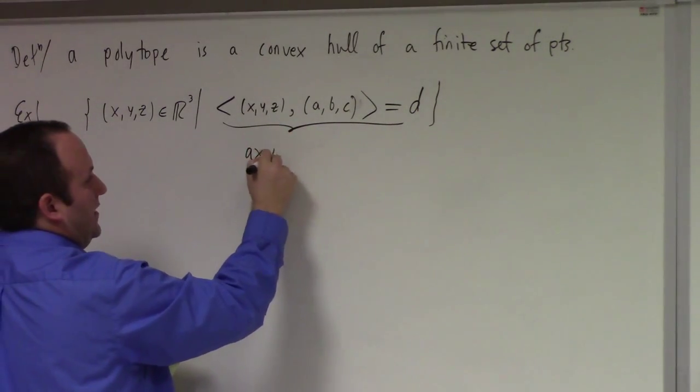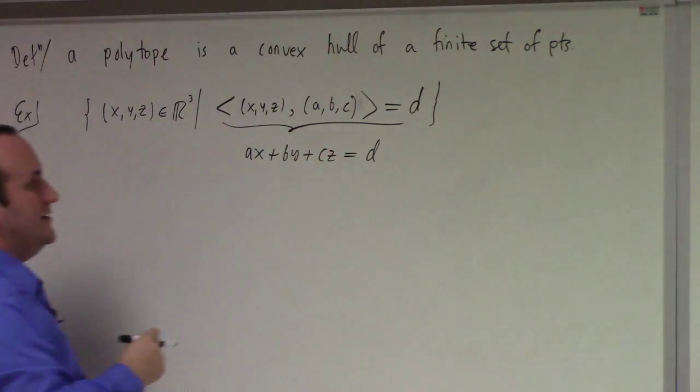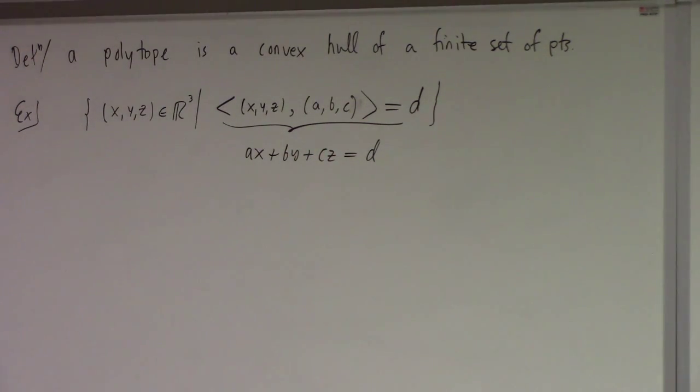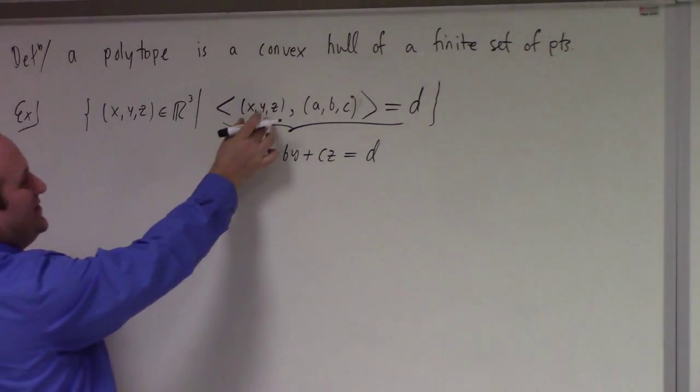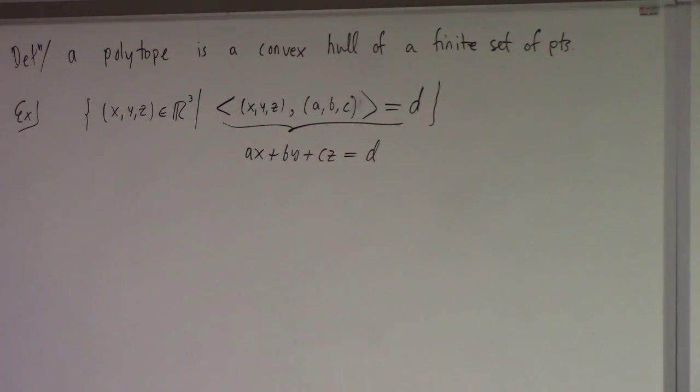It's ax plus by plus cz is equal to d. There's the equation of a plane. And so if you replace this with an arbitrary pair of points and just the dot product in Rn, then if you look at this in R2, it gives you lines. In R4, it gives you hyperplanes and so forth and so on. These define the affine hyperplanes.